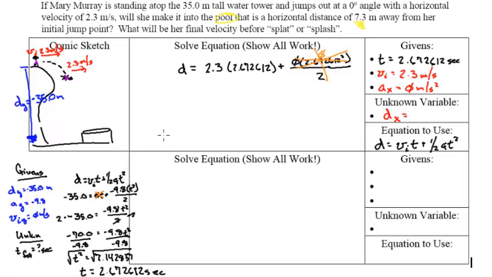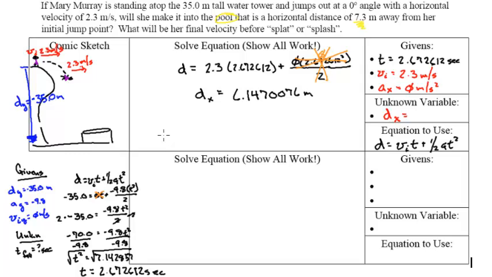Then 0 divided by 2, it just all blows up, giving me a distance in the x-axis of 6.147076 meters.